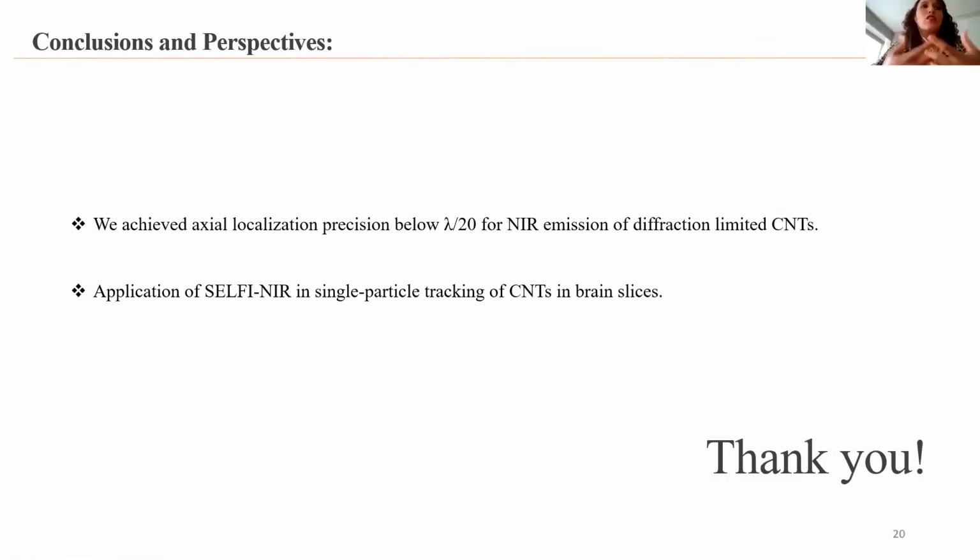As a conclusion, we have achieved axial localization precision below lambda over 20 for near infrared emission of carbon nanotubes, and we aim to apply SELFI in single particle tracking of carbon nanotubes inside brain slices. Thank you for your attention.